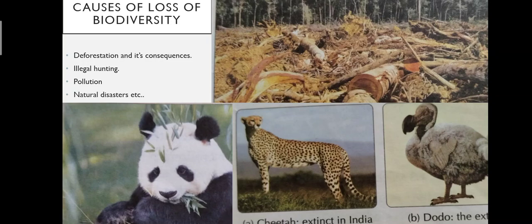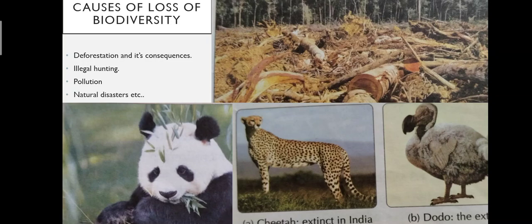Next consequence: trees take in carbon dioxide and give out oxygen during photosynthesis. So deforestation increases the level of carbon dioxide in the atmosphere. An increase in the concentration of carbon dioxide may lead to an increase in global temperature. In a previous chapter, I told you about CO2.